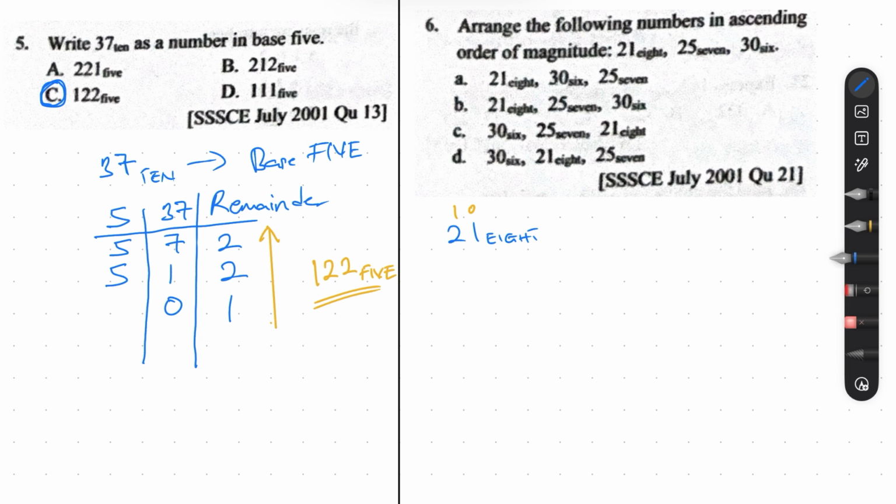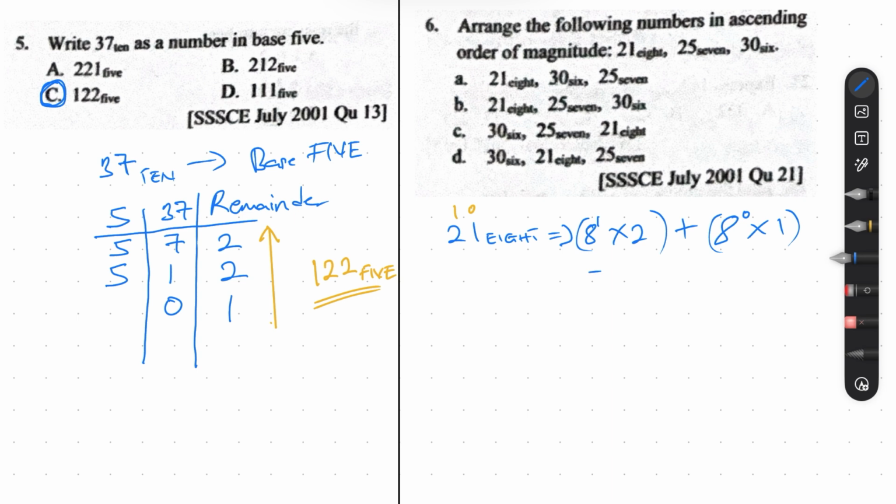Okay, so we have 8 to the power 1 times 2, right? You know how we got that? So we have our base 8 here to the power of 1. Then we multiply it by the corresponding digit, right? So that's how we got it. Then we do the same for the rest. So plus 8 power 0 times 1.